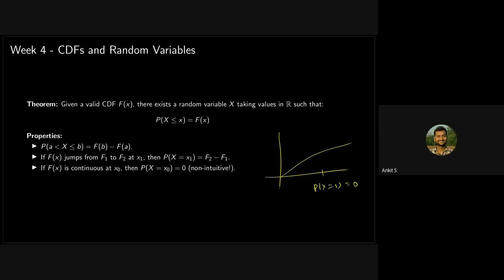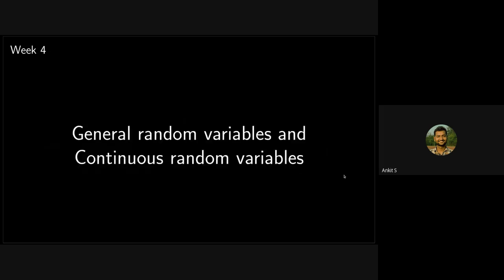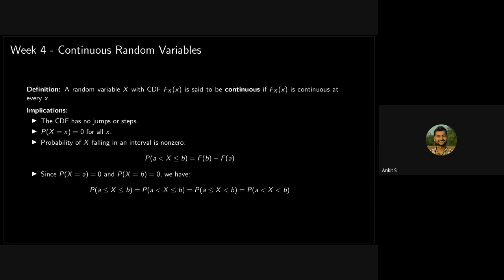So do all of you remember this? Is it confusing to anyone that the probability of a continuous random variable at any exact point is 0? Okay. So look, forget about any discrete random variable or a continuous random variable. Just think there is a CDF.